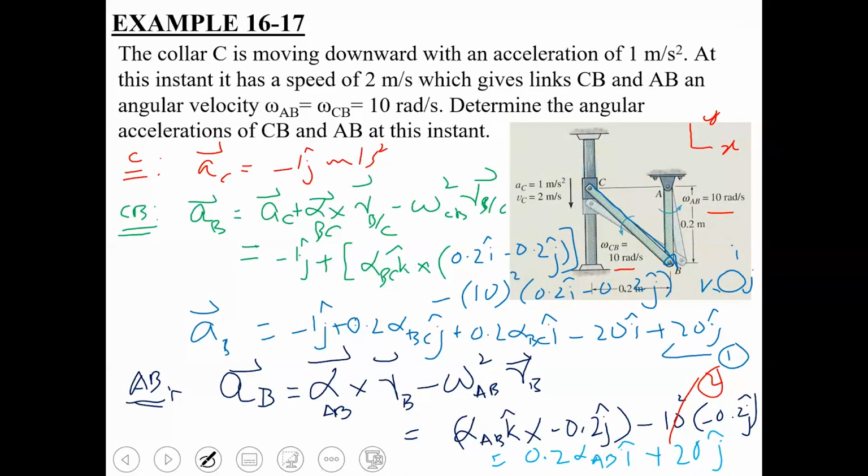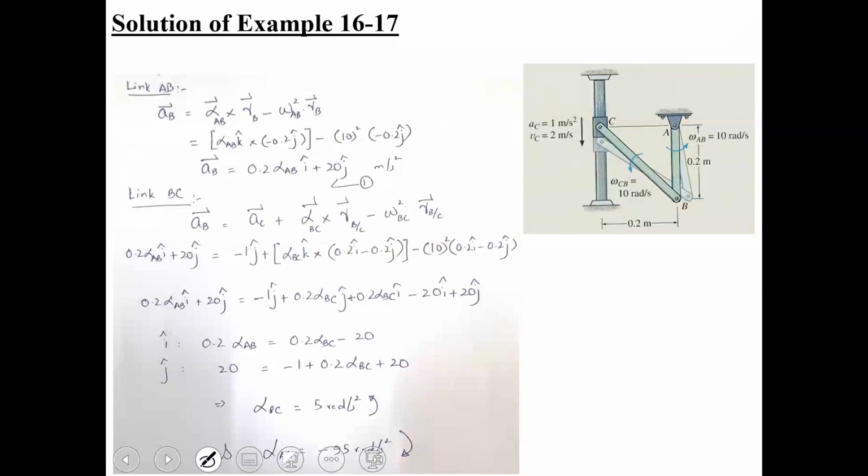ठीक है, तो ये आपके पास दो equations आ गई हैं. Since it is a vector equation and both of them represent the absolute acceleration of B, comparing 1 and 2 and then comparing the coefficients on both sides, if you compare the i coefficient, it would be 0.2 alpha AB should be equal to 0.2 alpha BC minus 20.